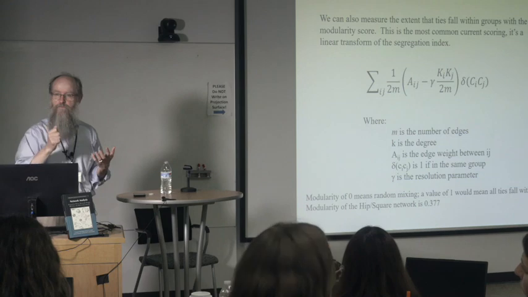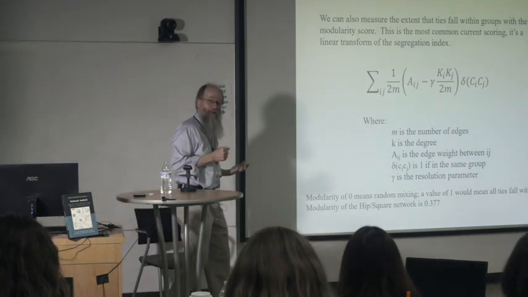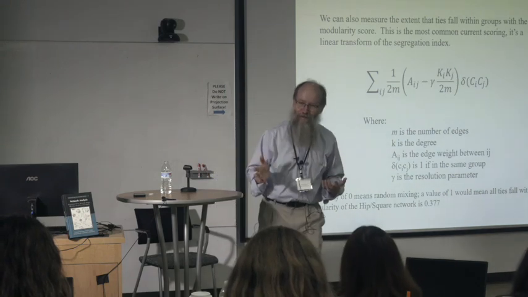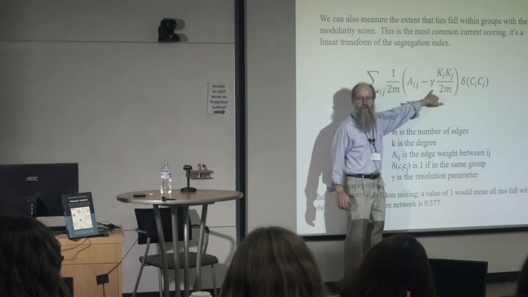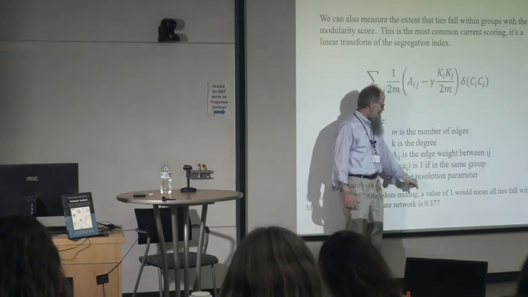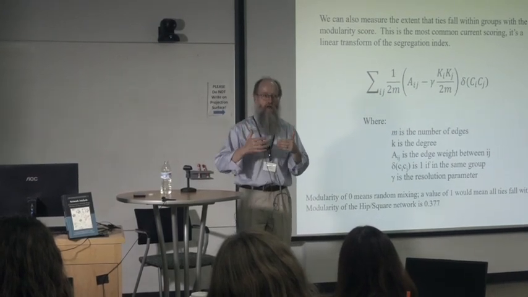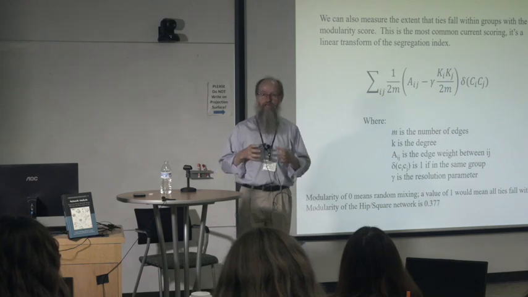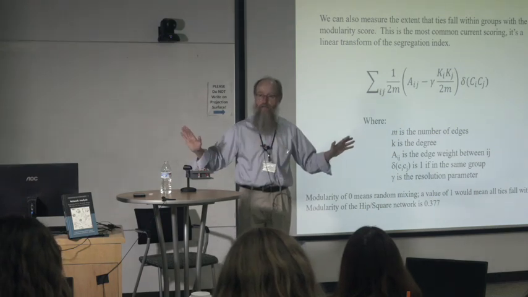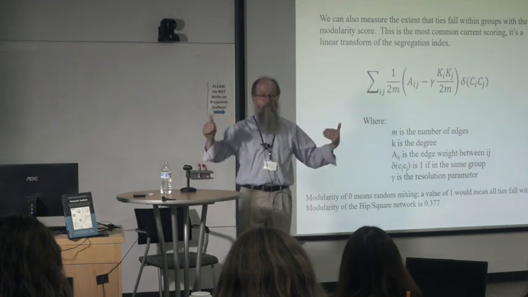Please. Can you reinterpret the 0.37? No, I can't, because this thing complicates it enormously. But if it were 1, it's essentially your distance toward perfect segregation. If the value were 1, you would have all ties within groups and no ties between groups. If the value is 0, it's pure random mixing. Anything less than 0 means you have more ties out-group than in-group.